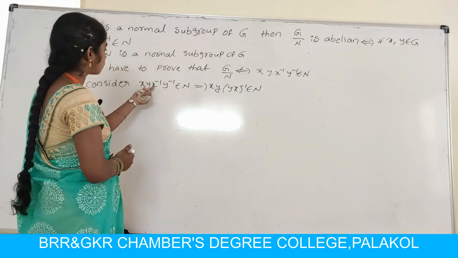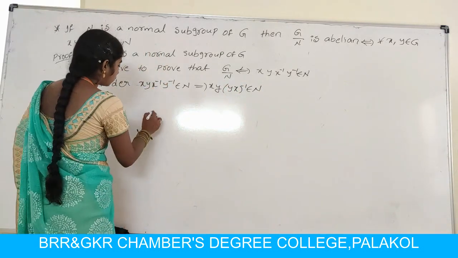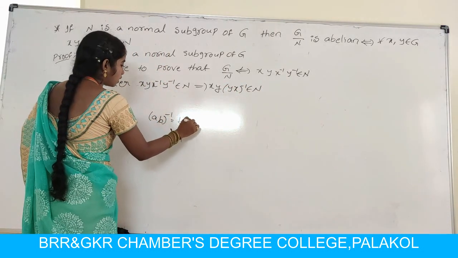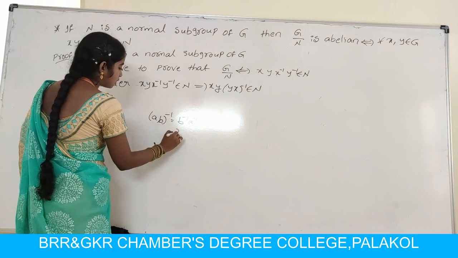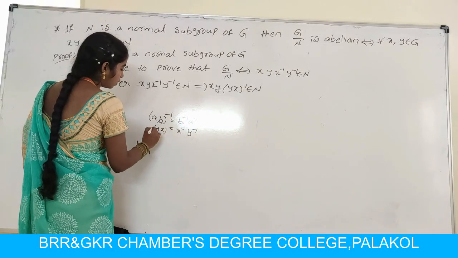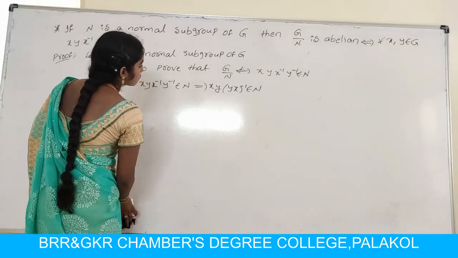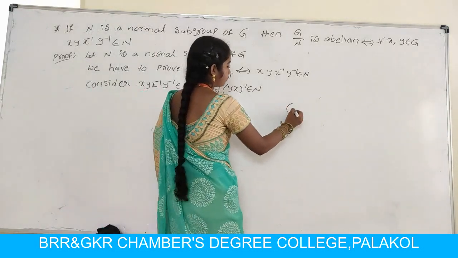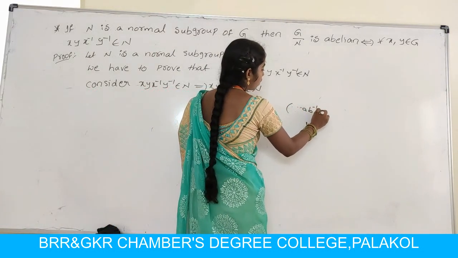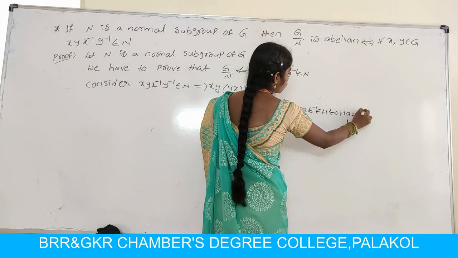So already you know that Z is a group. So AB whole inverse can be written as B inverse A inverse. So X inverse Y inverse can be written as YX whole inverse. So already you know that since A B inverse belongs to H if and only if HA equals HB.